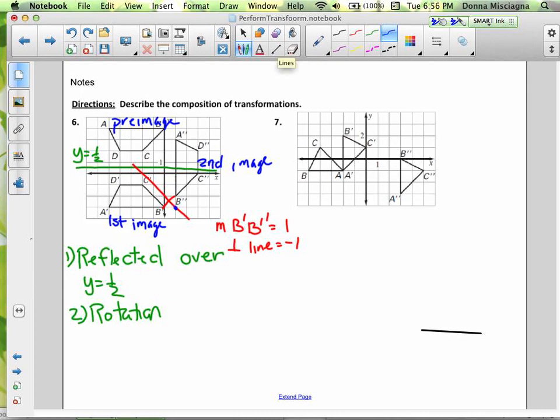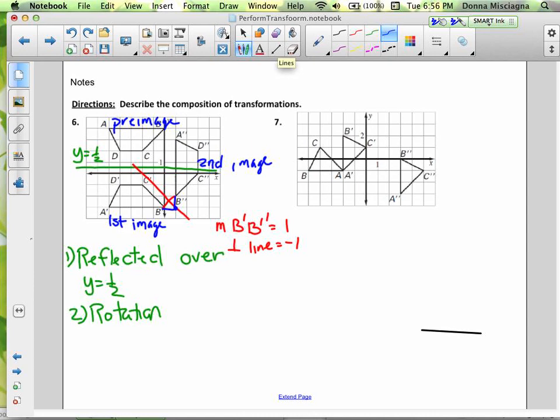Let's see if that point works out. We just have to make sure we're the same distance away, and we've just switched the x and the y. It's good for B and B prime. Notice here, this is 1. If we connect those two, notice we got a 90-degree angle.